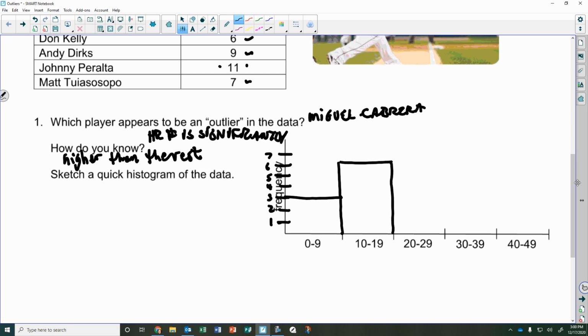And then we don't have anything from 20 to 29 or 30 to 39. We have 1 from 40 to 49, which is there. All right, and there's our histogram.